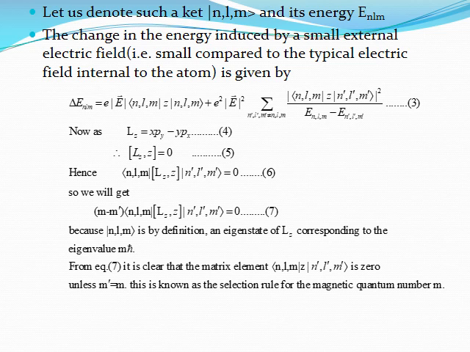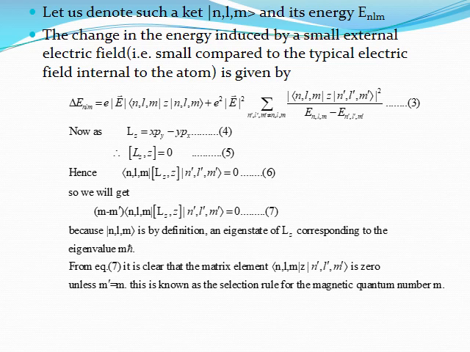Now as Lz is written as xpy − ypx, equation 4, therefore the commutator [Lz, z] will be 0, equation 5. Hence, in bracket notation, ⟨nlm|[Lz, z]|n'l'm'⟩ = 0, equation 6. So we will get (m − m')ħ multiplied by the matrix element ⟨nlm|z|n'l'm'⟩ = 0.